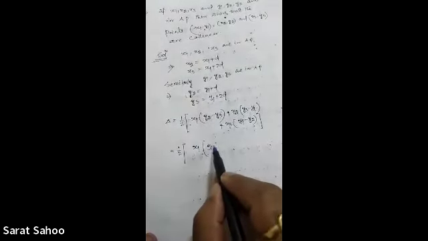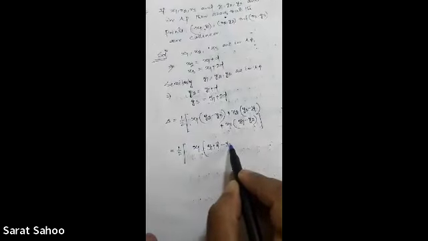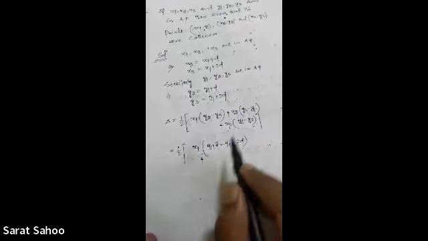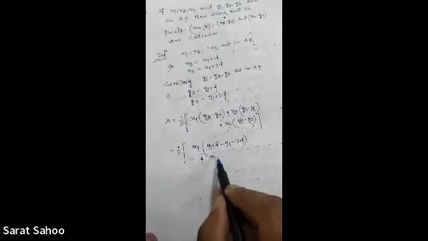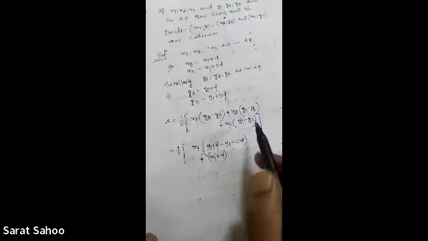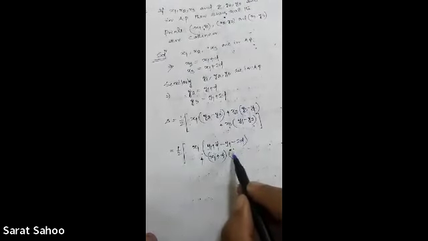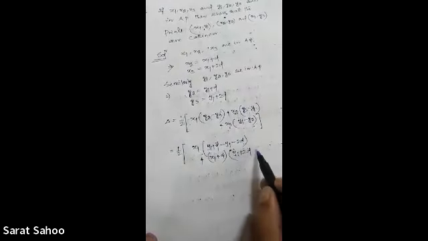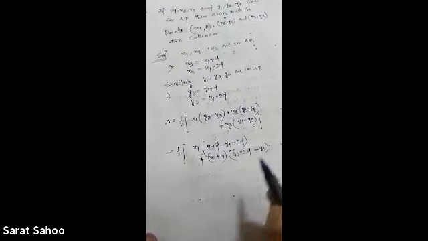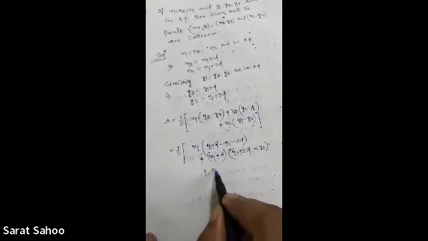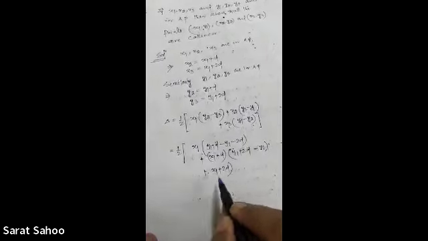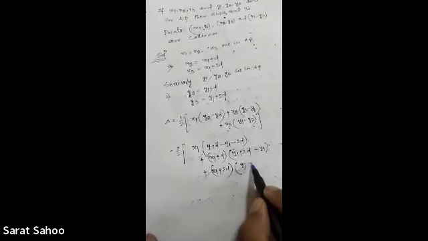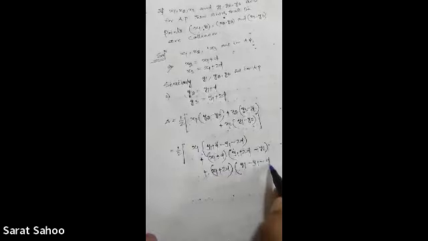So (y1 plus d minus y1 minus 2d), x2 is x1 plus d into (y3 minus y1, that is y1 plus 2d minus y1), plus x3 is x1 plus 2d into (y1 minus y2, so y1 minus y1 minus d).